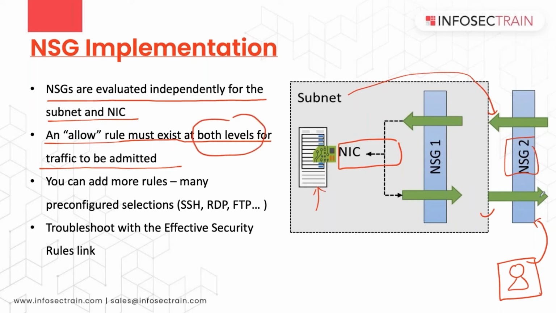Means Rajiv's traffic first should be allowed by NSG2, then it will reach the second NSG, which is attached to the network interface card. Again, it will check and say okay, good, now you can go ahead and access the server. So this is one after another. Both should be allowing. Else, what is going to happen?